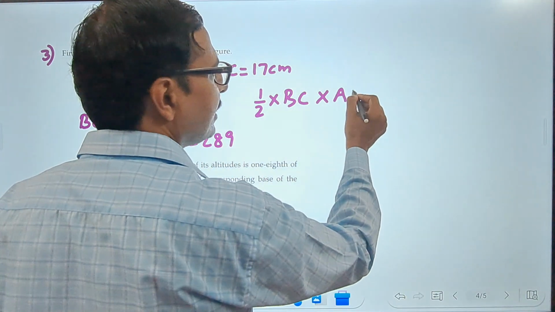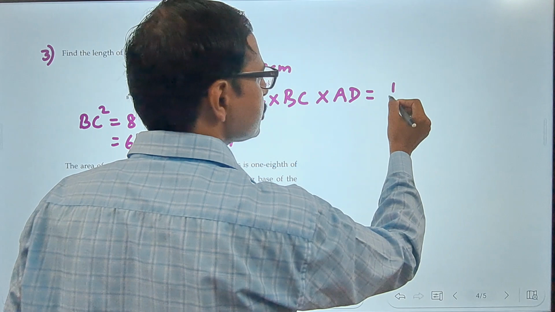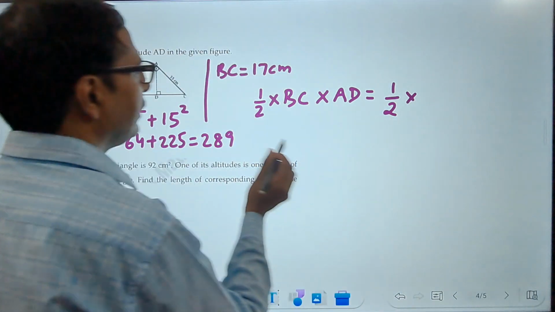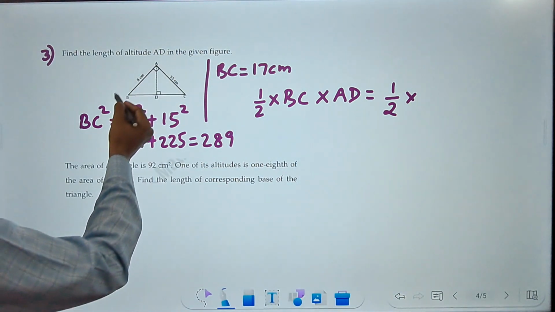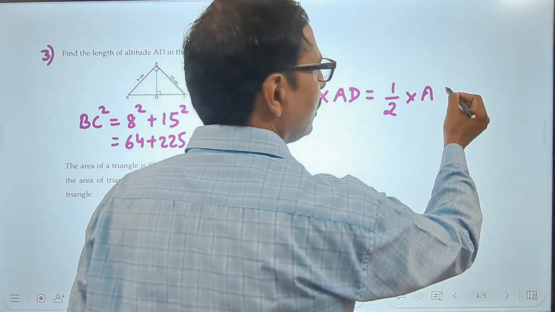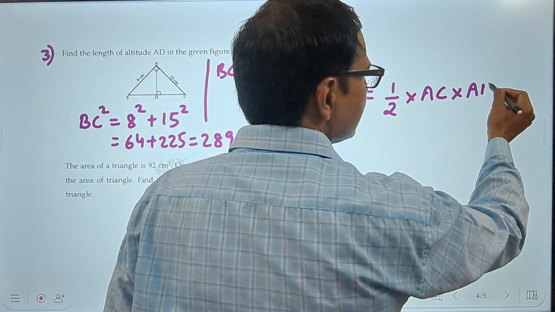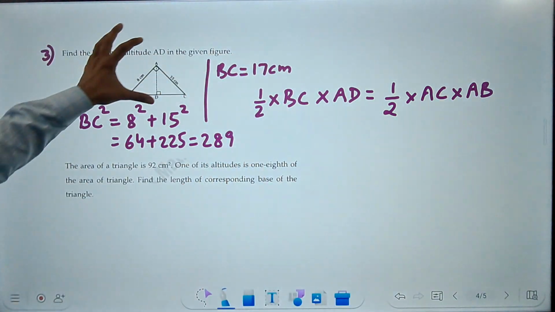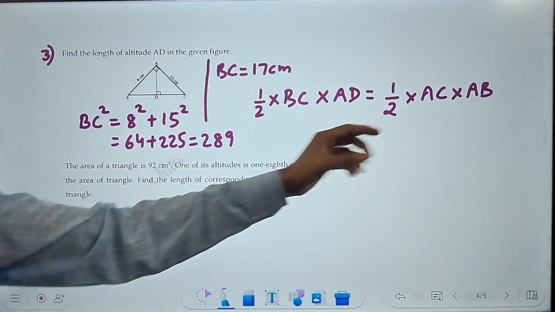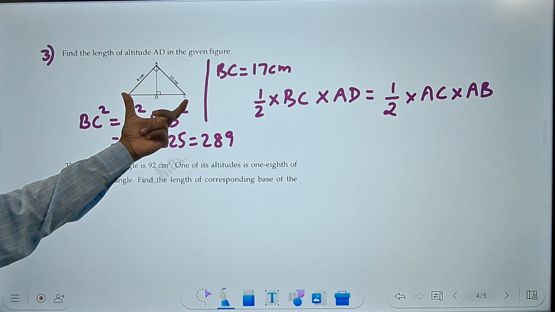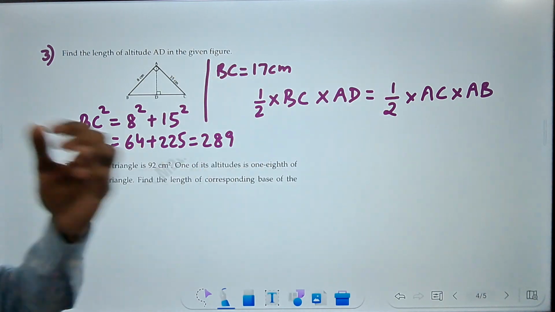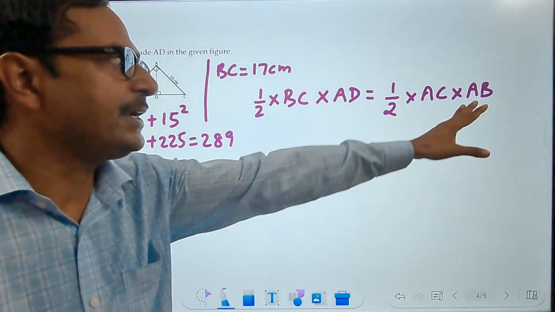This is the area of the triangle, and the area of the triangle is also obtained by half into base AC and altitude AB. So AC into AB. So I have found out the area of the triangle ABC from two different bases. I have taken the base BC first and then base AC in the second, that is on the right hand side.